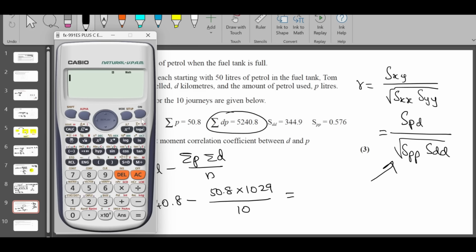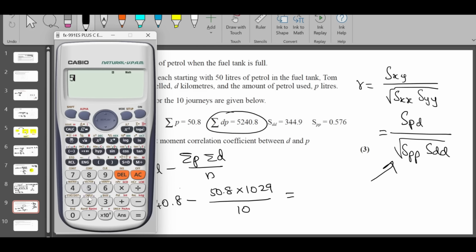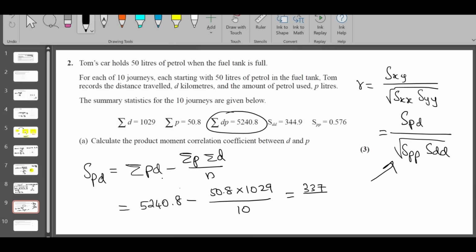So I'm going to calculate this now. 5240.8 minus 50.8 times 1029 divided by 10. Okay, so I'm going to keep it as it is, 337 over 25.